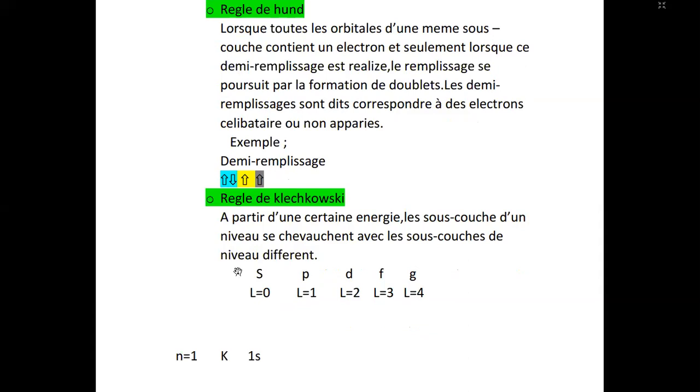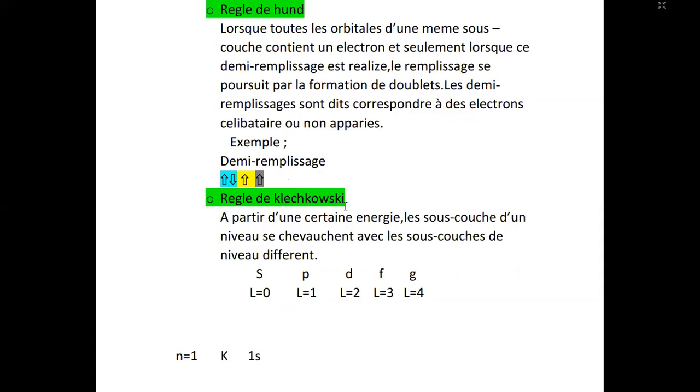So this is the rule of Klechkowski, which tells us definitely how to calculate the number of shells and how to do the electron configuration. This is the rule which tells us how to calculate electron configuration.